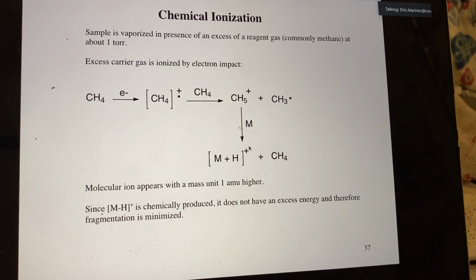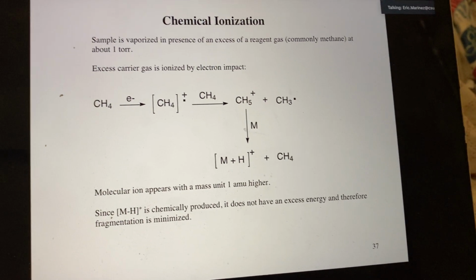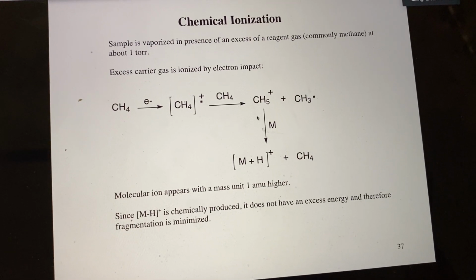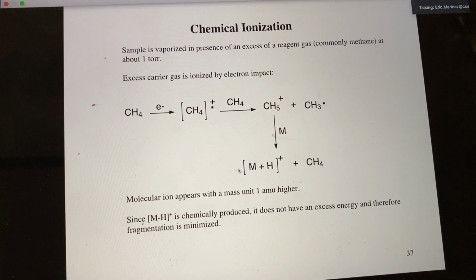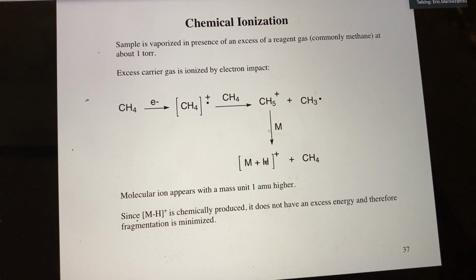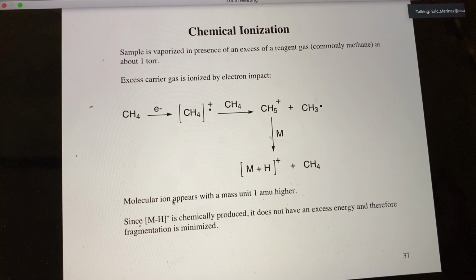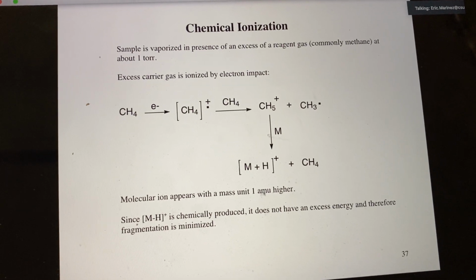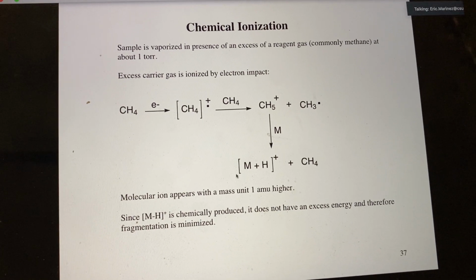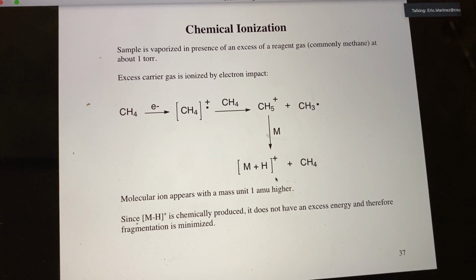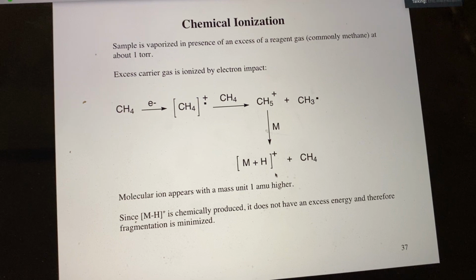So the important part with chemical ionization is that it's a different technique where you're transferring a highly reactive H to the molecule to generate M plus H. The molecular ion appears with a mass 1 AMU higher. So if I had a molecular weight of 98, with chemical ionization it should have a mass of 99.